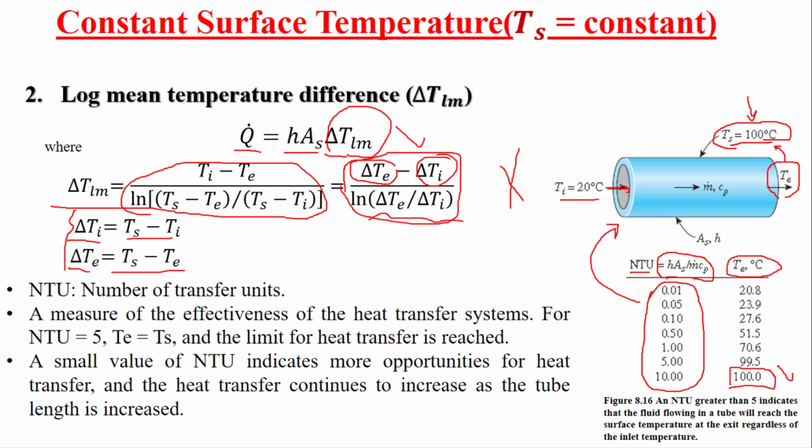My target is achieved when NTU is equal to 10, number of transfer units. And number of transfer units consists of four parameters: h, A_s, m dot, Cp. So I need a certain flow rate, a certain h, and a certain surface area.